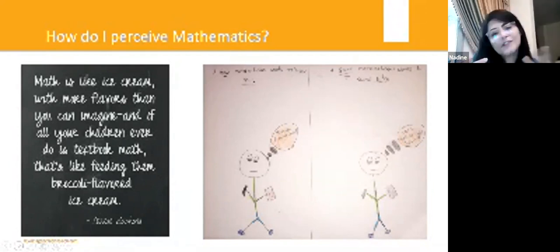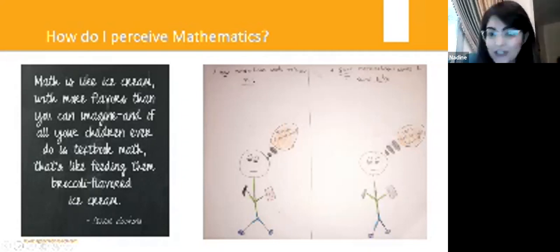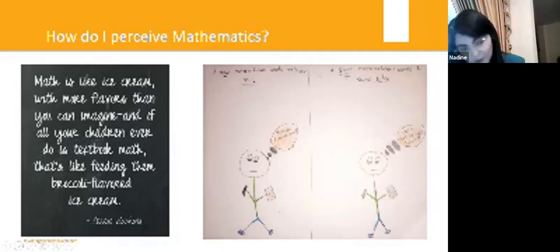How did I perceive this? It's also about the why, thinking about my thinking, to make my thinking and reasoning visible to myself and to others as well. So that was basically how I perceive mathematics from the lens of an educator and from the lens of a learner.